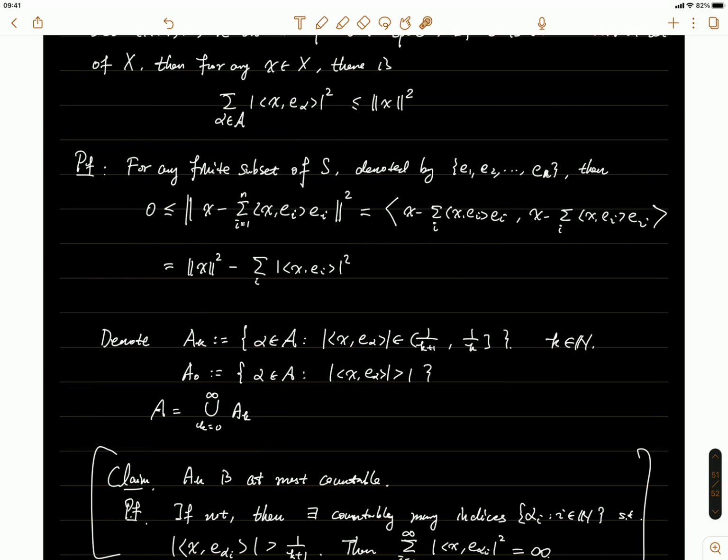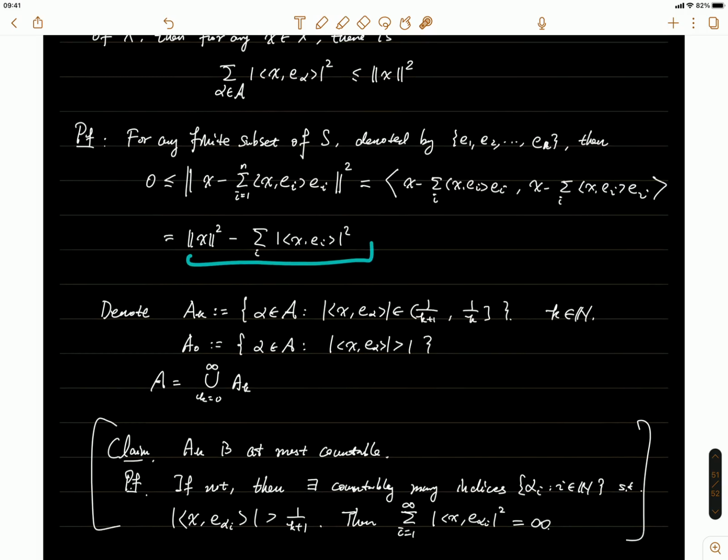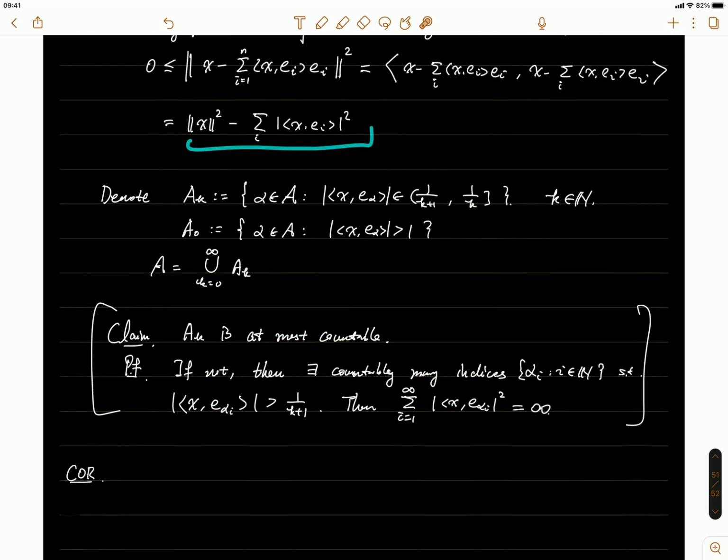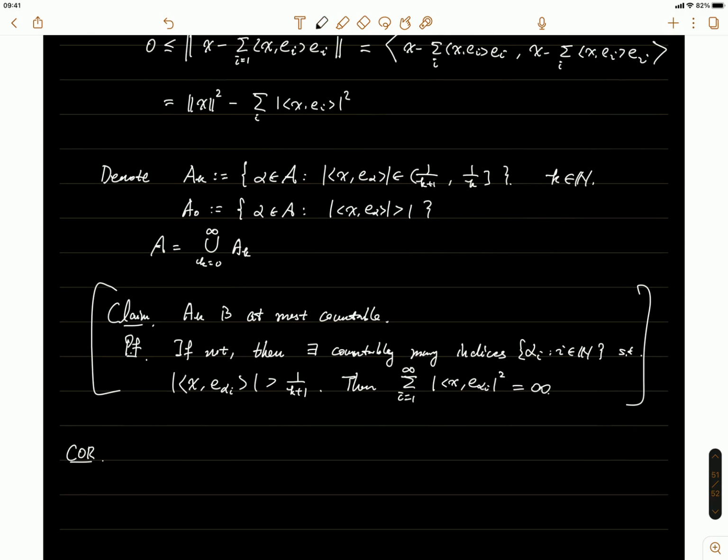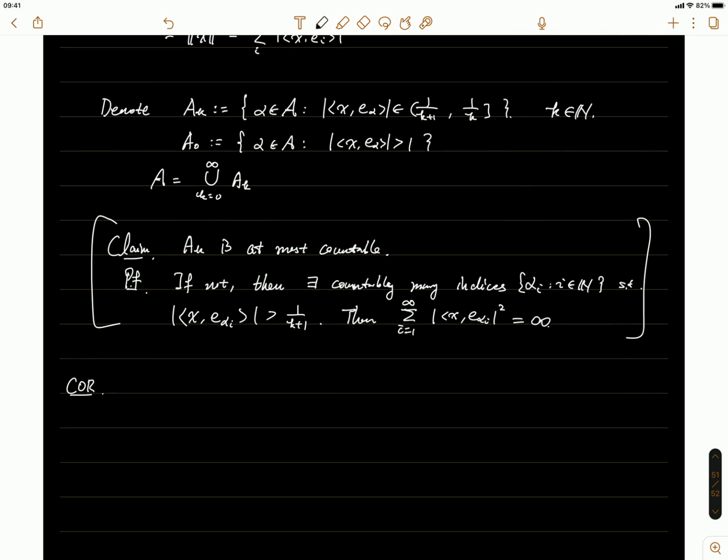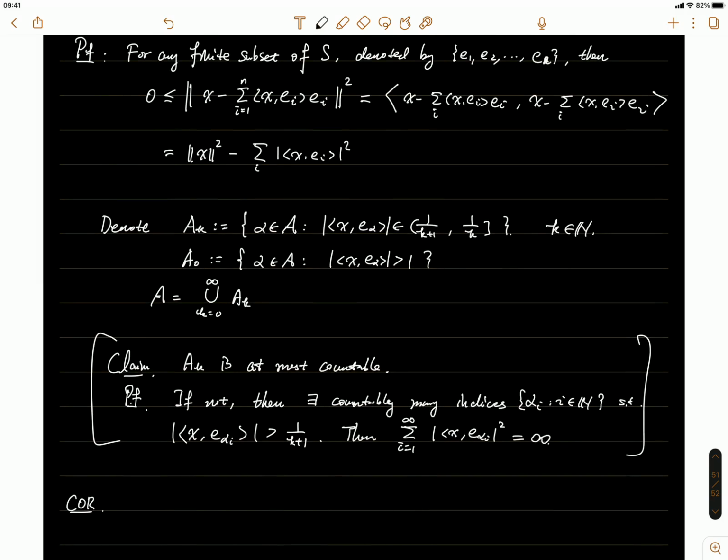On the one hand, I know this is actually just this, and this tells us that when we have this basis or orthonormal set, we can easily compute what this normed distance is.